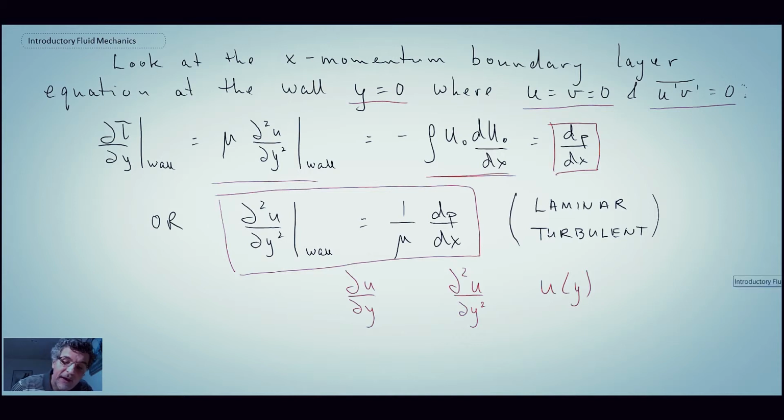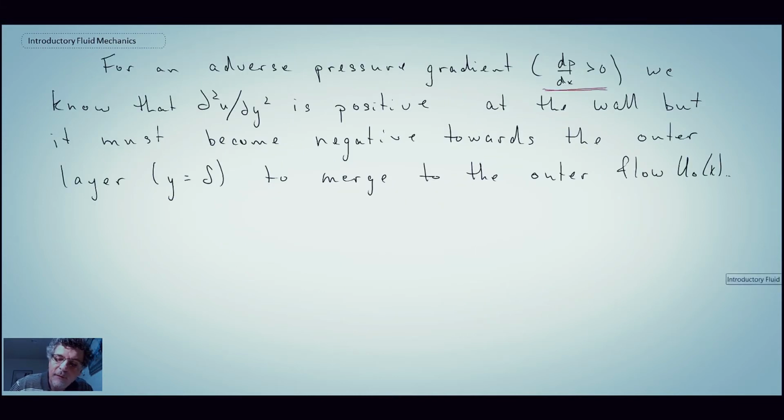And so dP/dx is greater than 0 as it would be for the case of an adverse pressure gradient. We know that the second derivative of u with respect to y has to be positive as well. But as we move out towards the outer flow region, I'll show you with some plots here in a moment, it needs to become negative at some point.